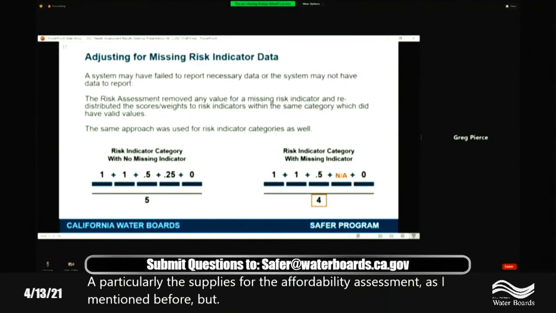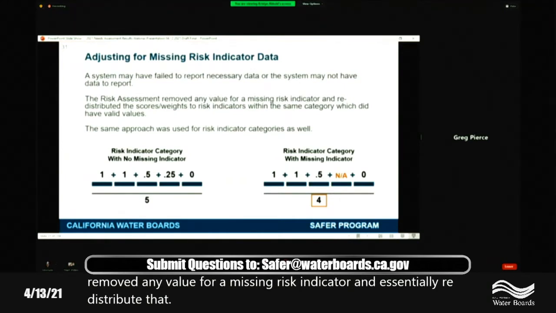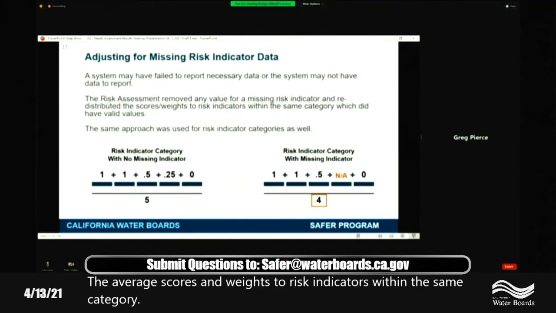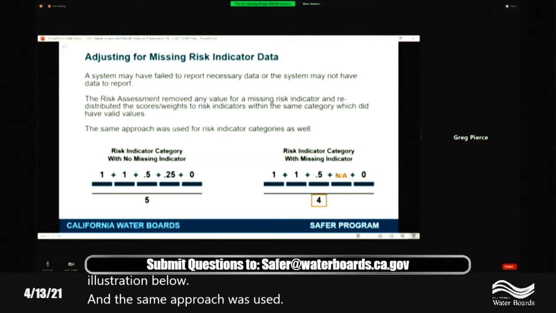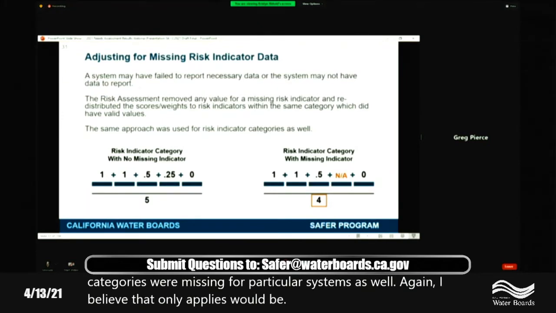To account for that, the risk assessment removed any value for a missing risk indicator and essentially redistributed the average scores and weights to risk indicators within the same category which did have valid values, as you can see in the illustration below. The same approach was used where whole risk indicator categories were missing for particular systems as well. Again, I believe that only applies to the affordability category.